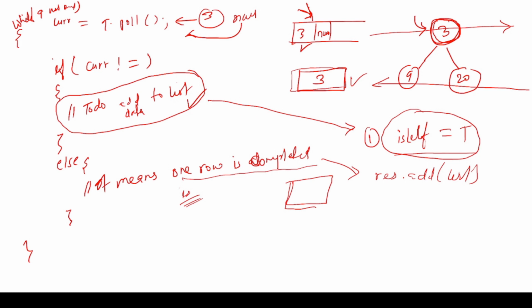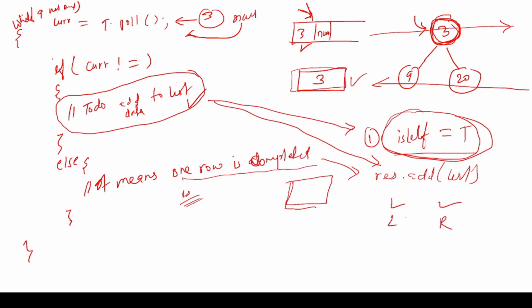When 3 is not null, it means it has some children, right? So once the row is completed, we will not do anything. But once we have visited one row, we should check 9 and 20. So here this will go in the else condition. We will check what we have, left or right.